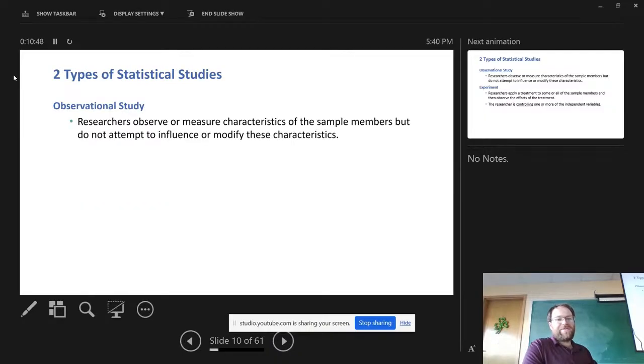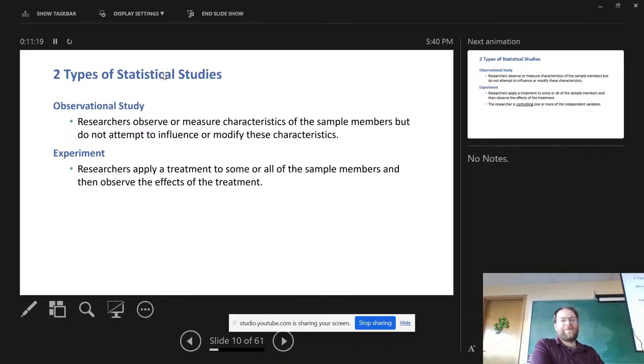Two types of statistical studies: the observational study. Basically, the researcher is just observing the environment without trying to change the environment. So think someone sitting out in the hallway, just taking notes on what they observe, but not interacting with anybody who goes in the hallway.